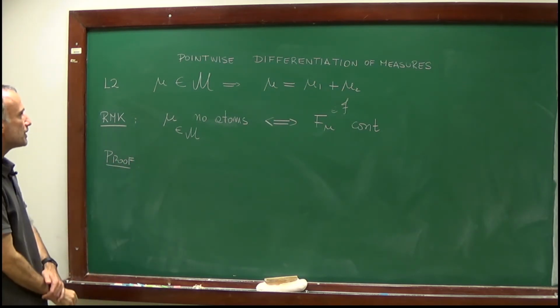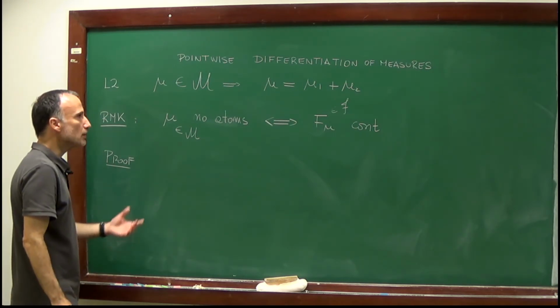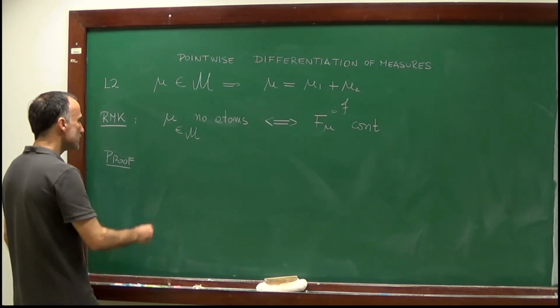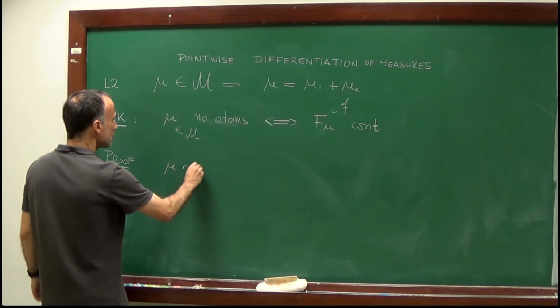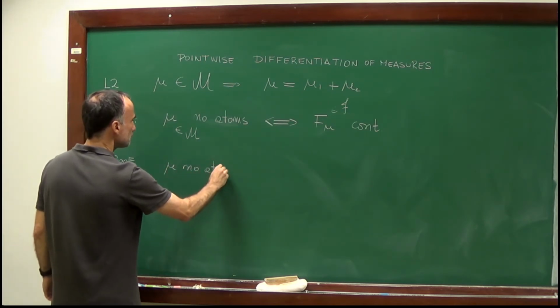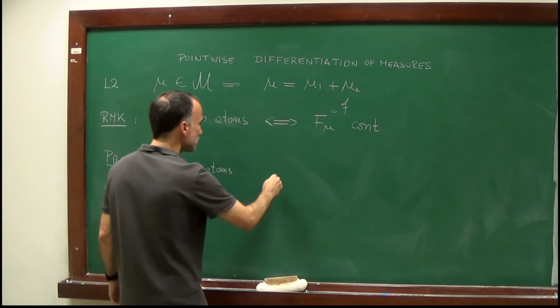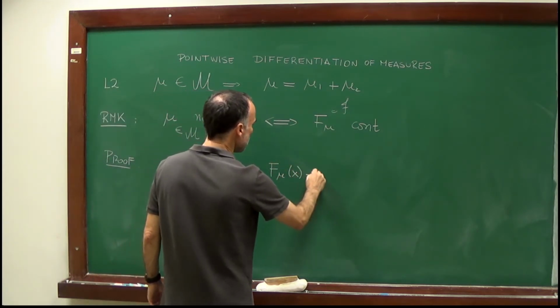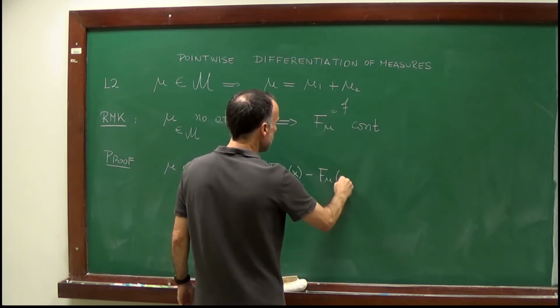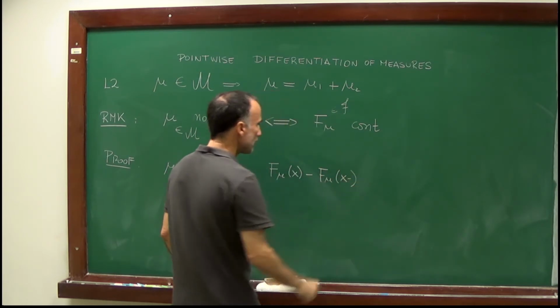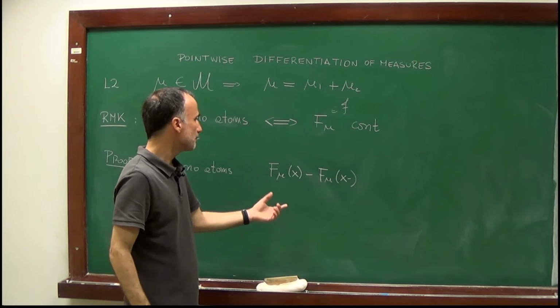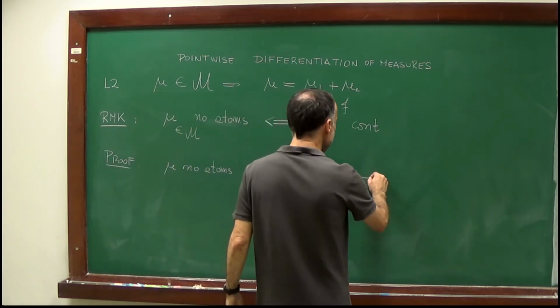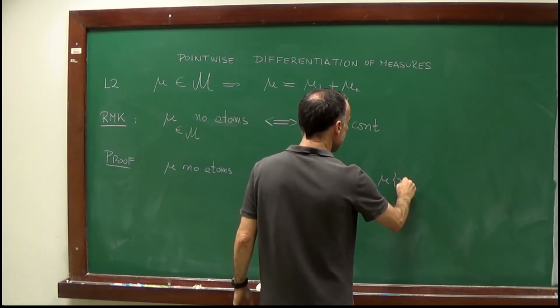And the proof of this remark is very simple. Take mu with no atoms. We have seen that f mu of x minus f mu of x minus, the left limit at x, this difference was exactly equal to mu of x.